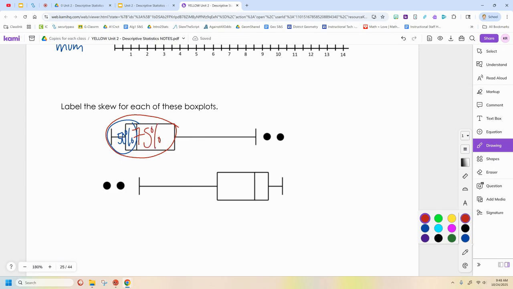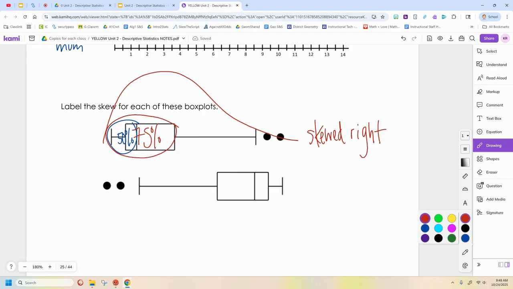So when I look at that box plot, I can tell that it's actually skewed, right? And it's skewed to the right. So it feels a little bit weird, but we actually can tell shape from a box and whisker.